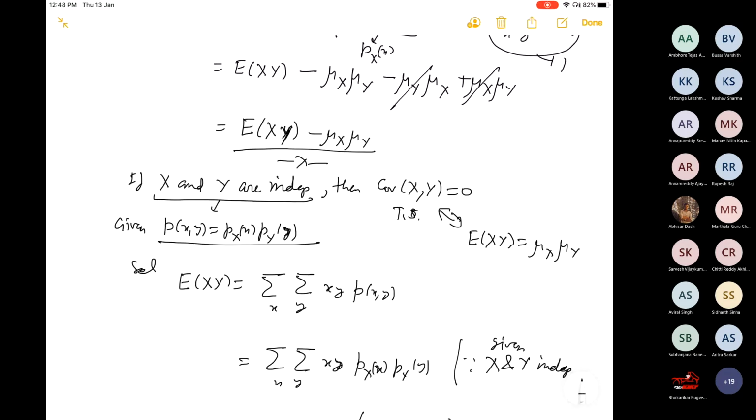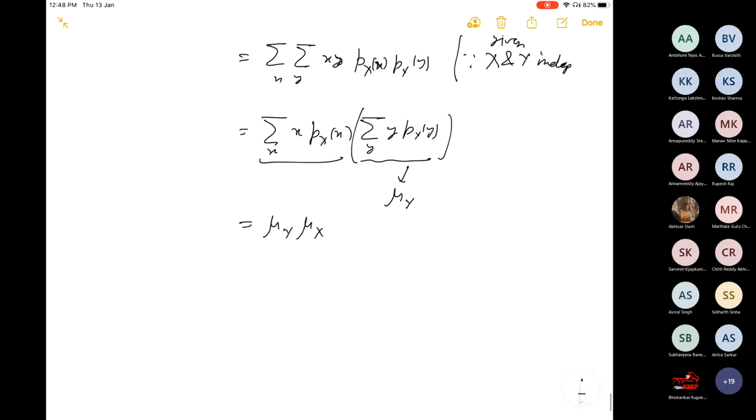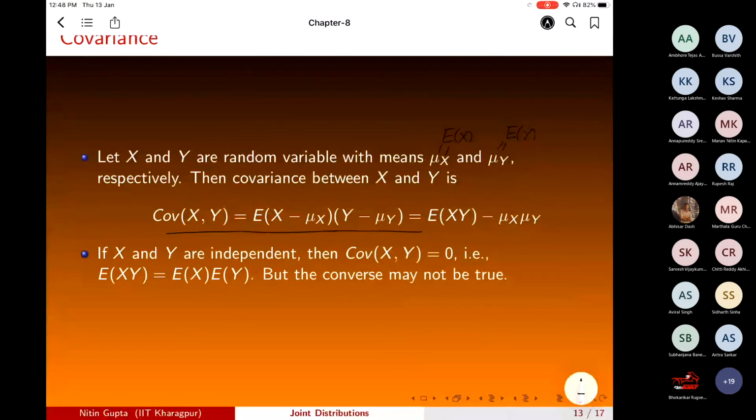But if the covariance is 0, then it may or may not imply that x and y are independent. So the converse may not be true.